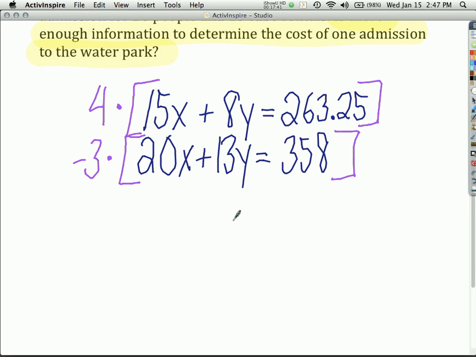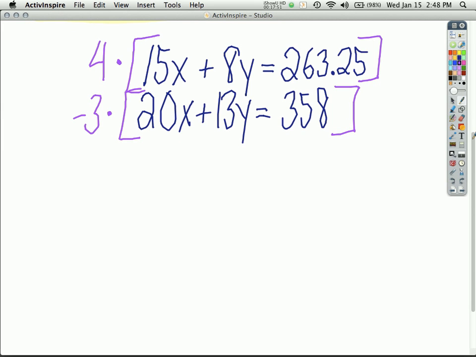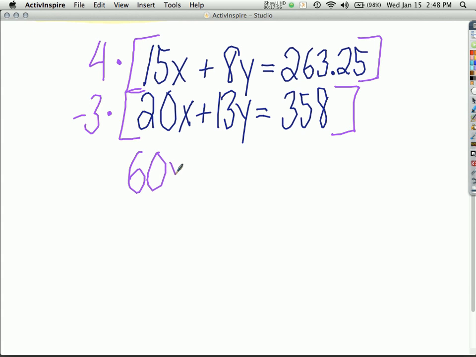Which works, but the numbers get a little bit bigger, and it's a bit of a pain. So, I think the idea proposed is a really good one. So let's go ahead and rewrite the equations. So this is going to be 60x, that's going to be 32y, and then this will become... you already got it, Alicia? What does it come out to?